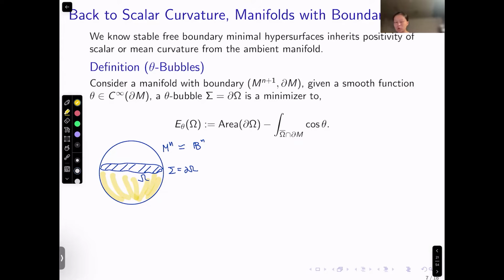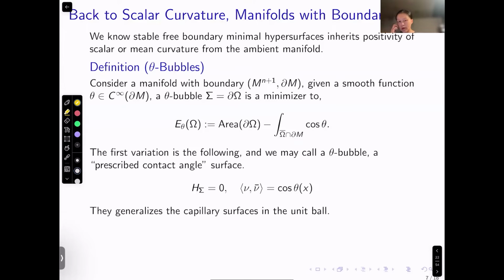If you compute the first and second variation of this, you get that the mean curvature is equal to 0 because the interior part is the same. But when you compute the boundary part, you get that the angle between two vectors has to be the one you prescribed. Let me draw which two vectors these are.